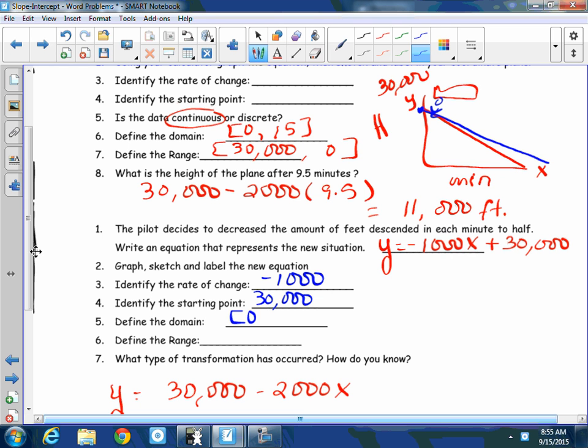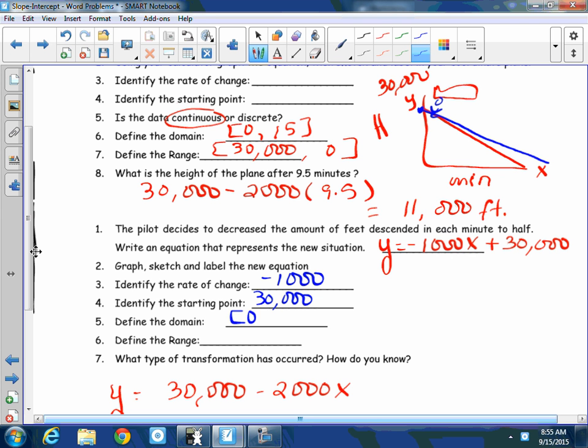Minutes. Have you calculated how many minutes it will take for that plane to get to 0? To get to the ground, with the new equation? You have to calculate the range. Remember, if that plane hits less than 0, we're dead.